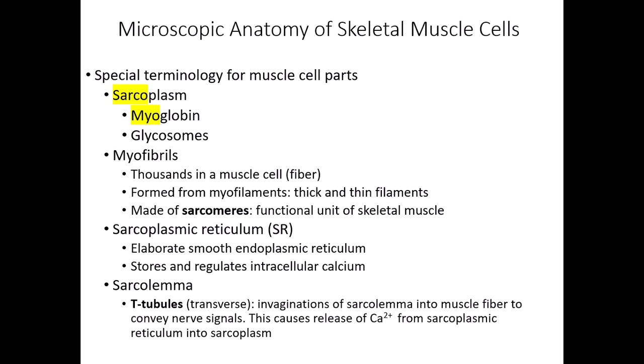So the T tubules are extensions of the sarcolemma, or invaginations, because they kind of dive down into the muscle fibers, and that's going to allow the signal that comes from the neuron to activate the release of calcium.